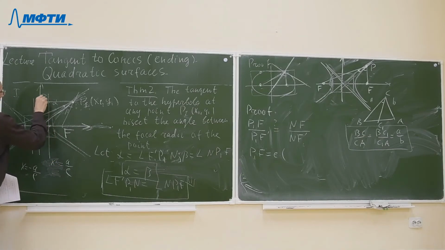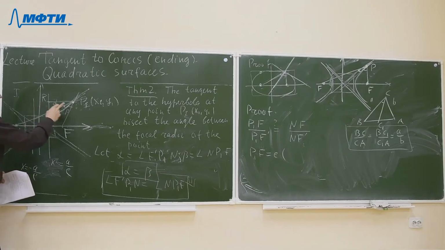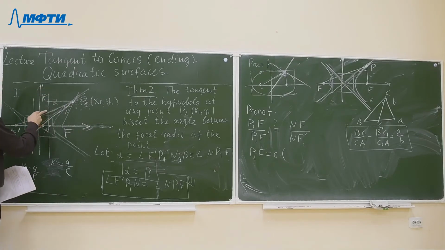Let R be the point on the directrix, the point of intersection of the perpendicular from P1 to the directrix.